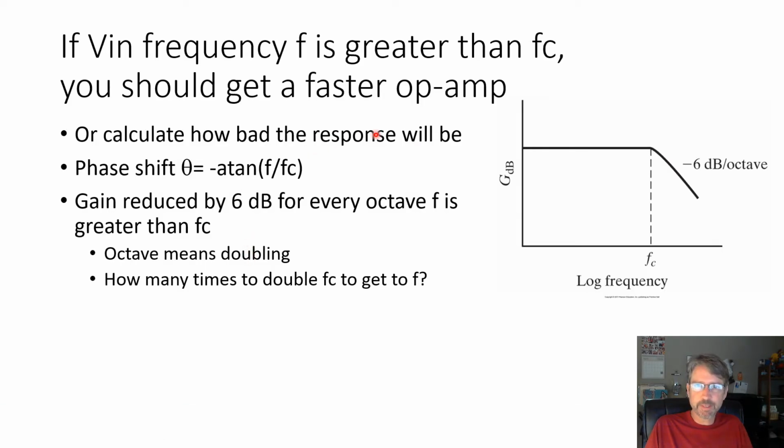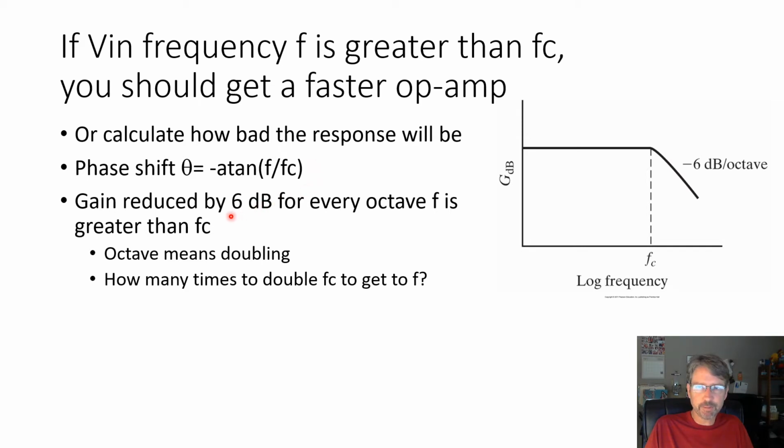And the summary is, if your frequency on your input is faster than the corner frequency or the cutoff frequency, buy an op amp with a faster corner frequency. If you need to know how bad it's going to be, there are some basic equations. So think of it as a phasor. Since we have a sinusoidal input, the output will be a sinusoid. And the amplitude of the gain is complicated, but the phase shift is really easy.